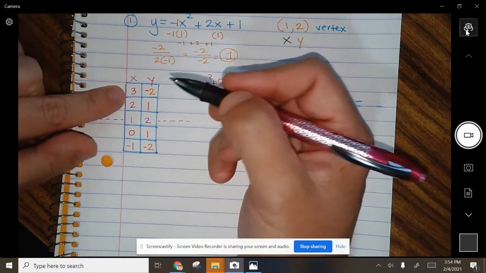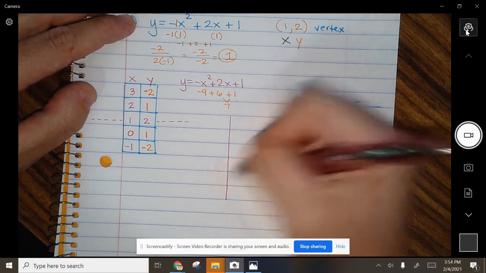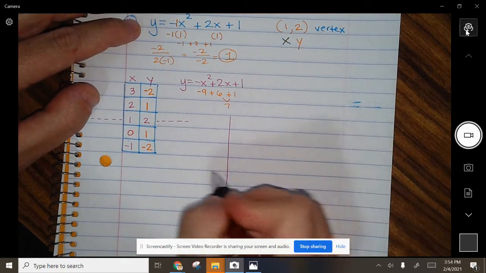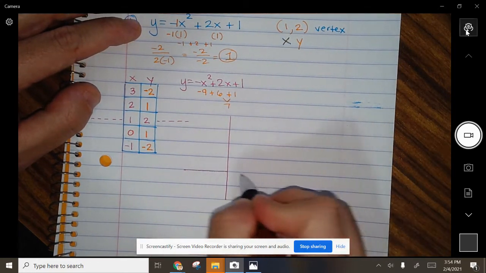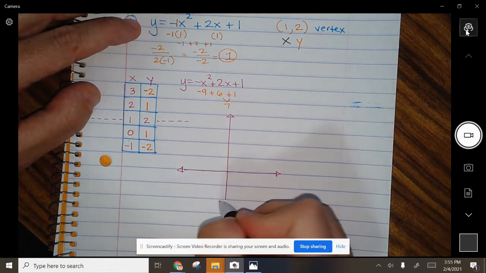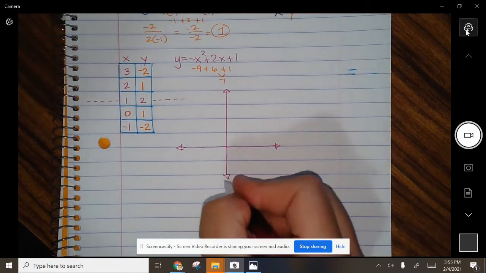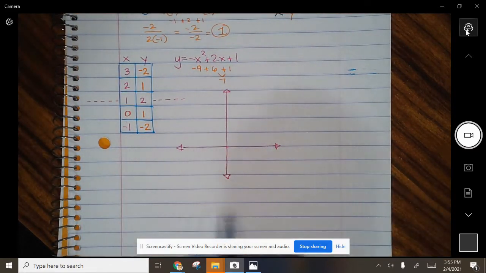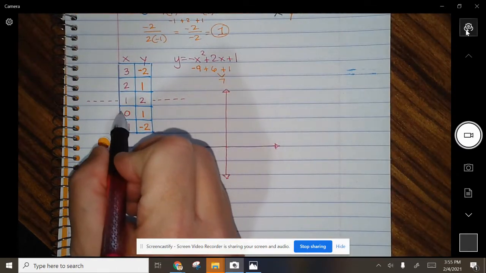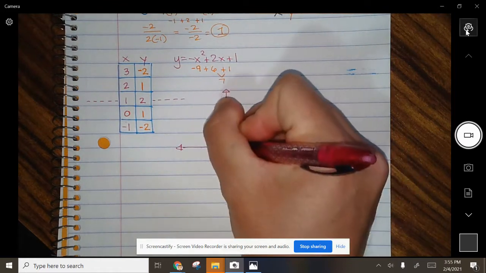So let's go ahead and talk about graphing this. If I'm going to graph this, my x is going to go from 3 to negative 1 all the way to negative 2. So it doesn't have to be too crazy large. And on this graph, I'm going to show you some new vocabulary. So first of all, let's graph our vertex. Actually, hold on. So my x is going to go all the way to positive 3 and all the way to the left to negative 1.